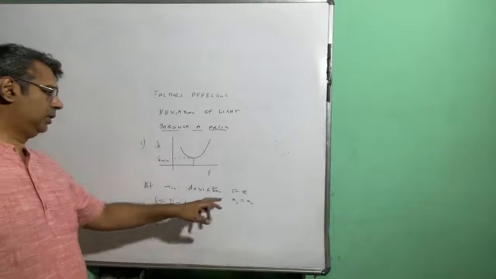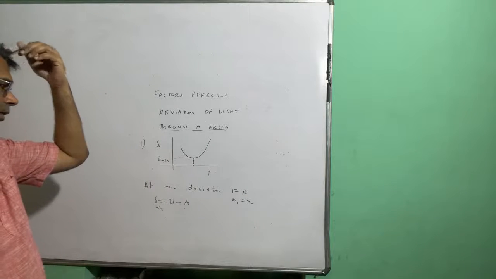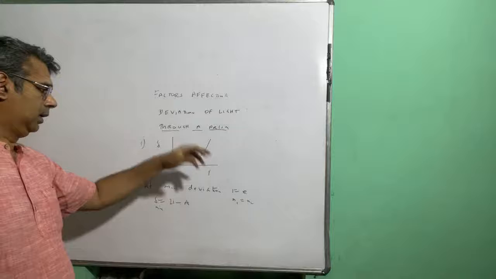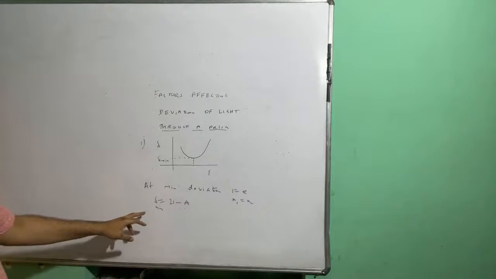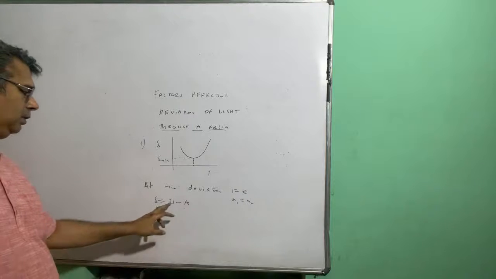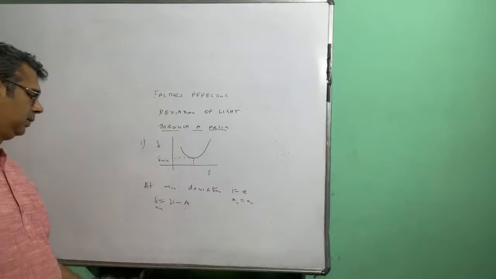At minimum deviation, the angle of incidence will be equal to the angle of emergence, and R1 will be equal to R2. At minimum deviation, the angle of minimum deviation will be twice the angle of incidence minus the vertical angle of the prism.